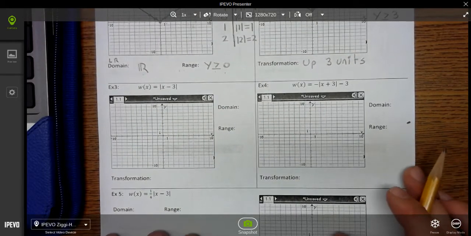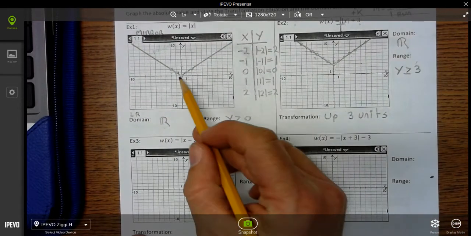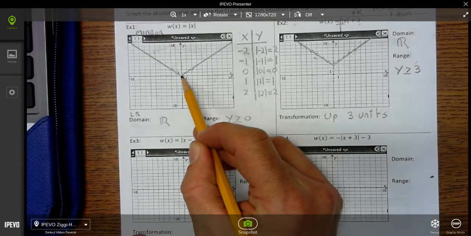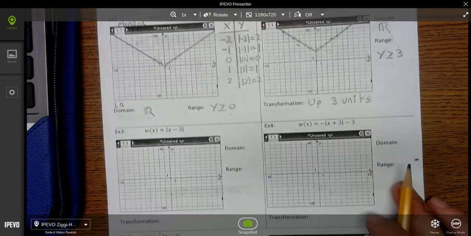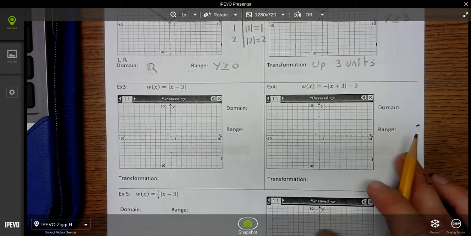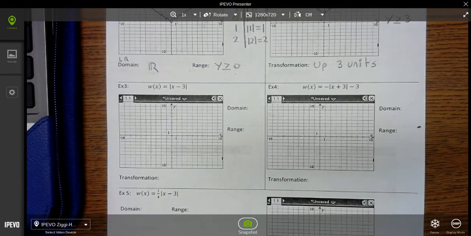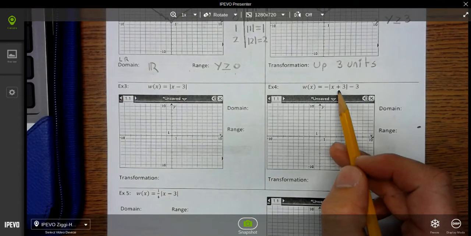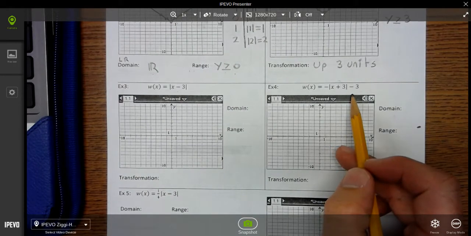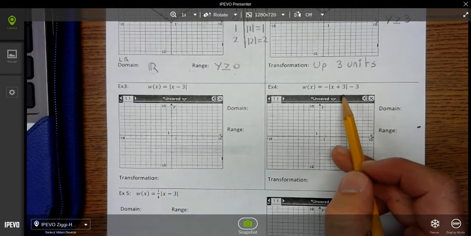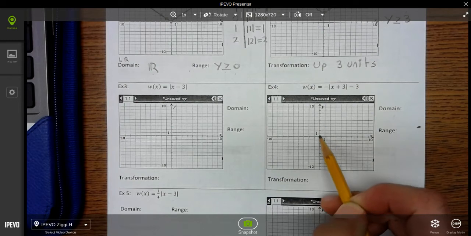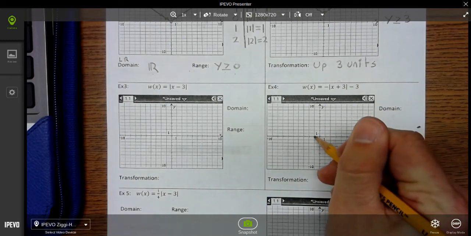So first things first, remember, we're starting from here. So we're going to start at 0, 0, and we're going to move the transformations from that, okay? So here, first things first, we're going to work inside the absolute value. So we know that the plus 3 inside is a translation left 3 units. So we're going to take 0, and we're going to go left 1, 2, 3.